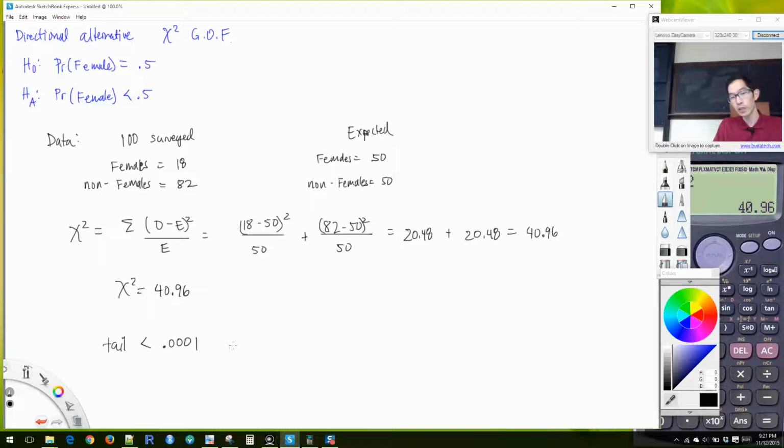This is for a non-directional alternative. So for a directional alternative, what would our p-value be? Our p-value would then be half of this, so it's less than 0.00005. Okay, and so this means we reject the null hypothesis.